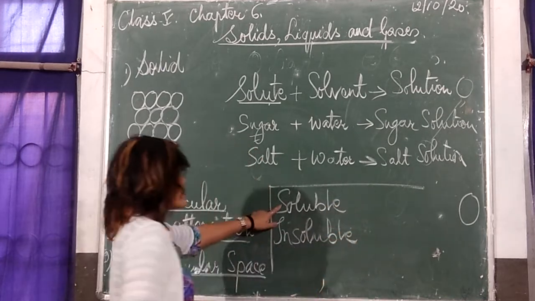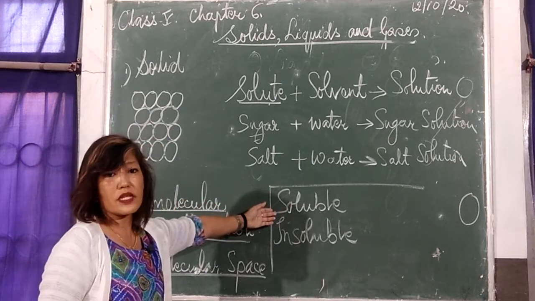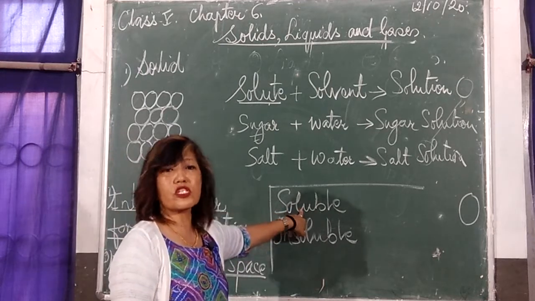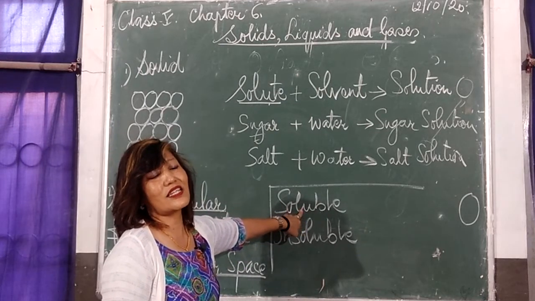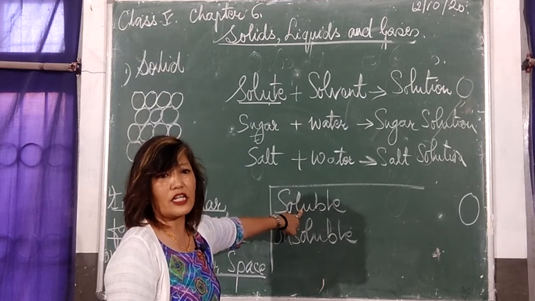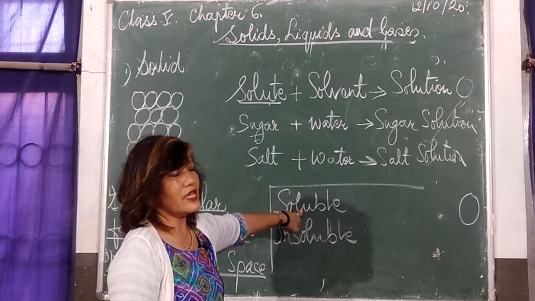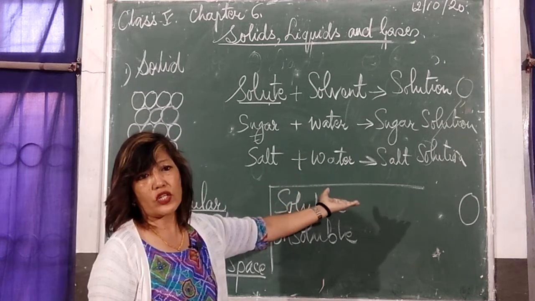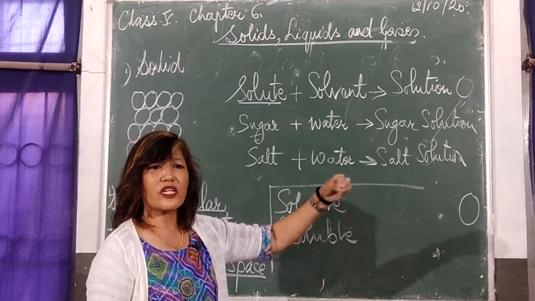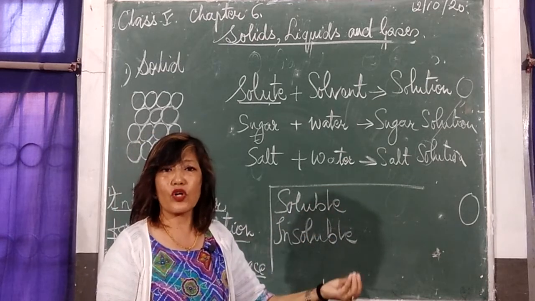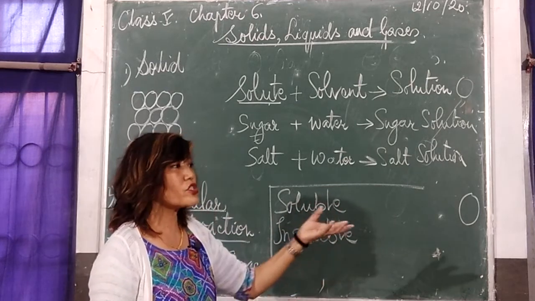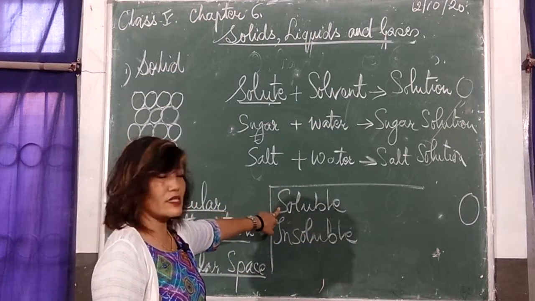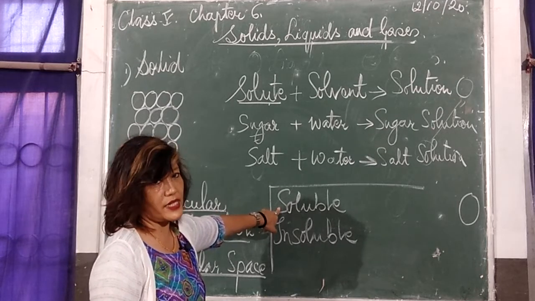Soluble substances are those substances which can easily get dissolved in any liquid or other substances. Examples of soluble substances are sugar and salt, they can easily get dissolved. You can take the example of milk also. Milk and water can easily mix. So those substances which can easily get dissolved in another liquid are called soluble substances.